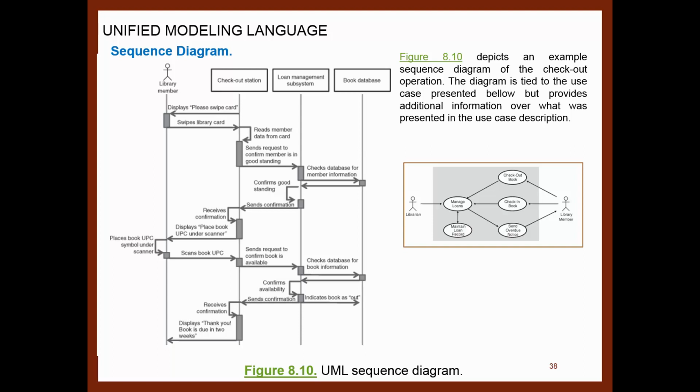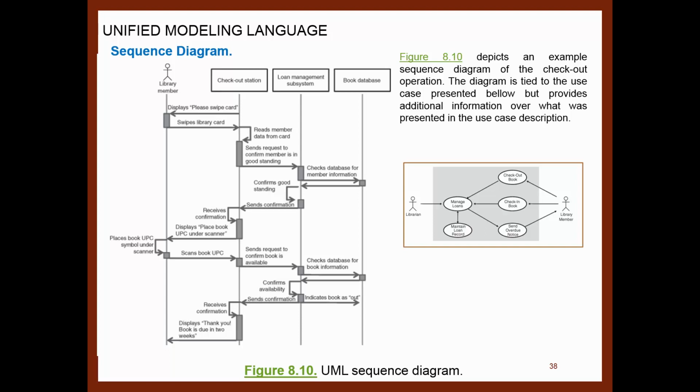So for instance, you have a message that says please swipe the card. So when the actor swipes the card, it moves to the checkout station. The checkout station reads the member's data from the card, and then there's a column going down that represents time, the time it takes to complete that action.